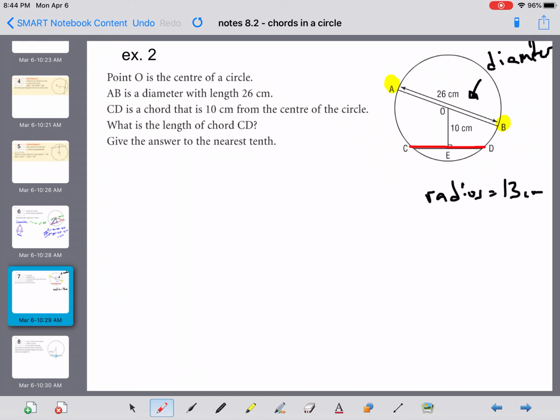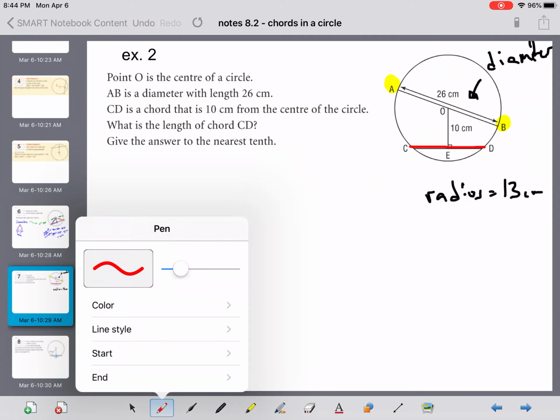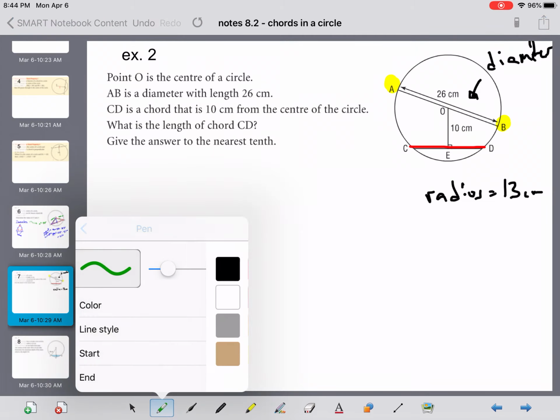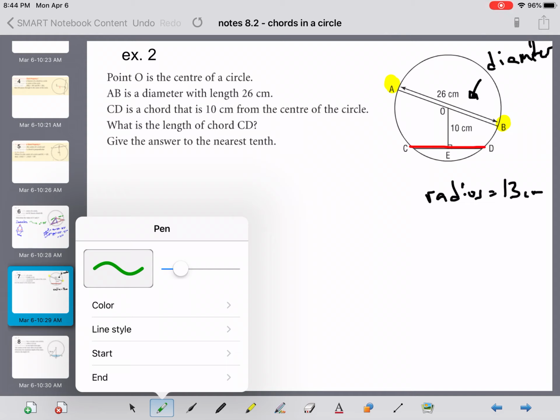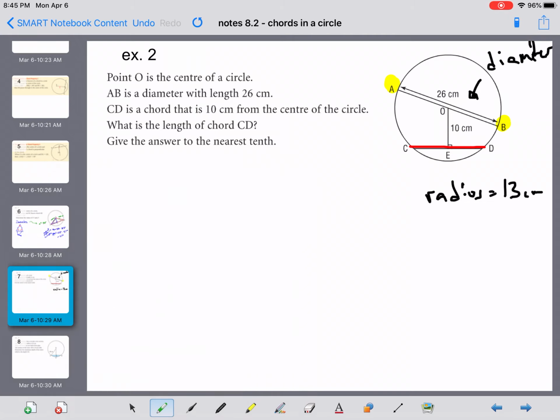CD is a chord that is 10 centimeters from the center of the circle. There's the 10 centimeters. Red is what we want to find. Sorry guys, I got a little mixed up there. This is 10 centimeters, and we know our radius is 13 centimeters.